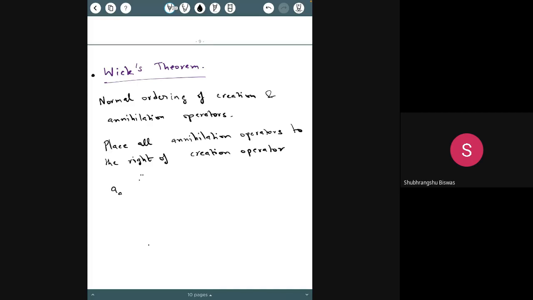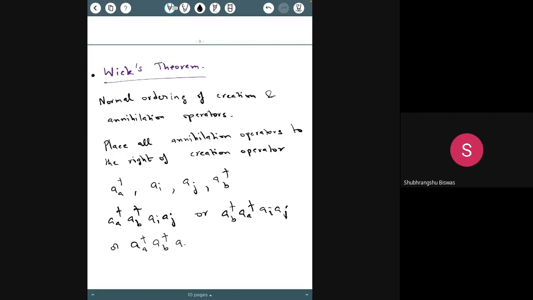So if I want to write a_a†, a_i, a_j and a_b† — these four operators — in normal order, I can write them either as a_a† a_b† a_i a_j, or a_b† a_a† a_i a_j, or a_a† a_b† a_j a_i.